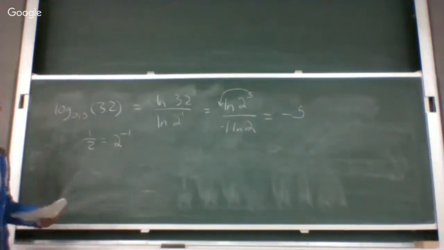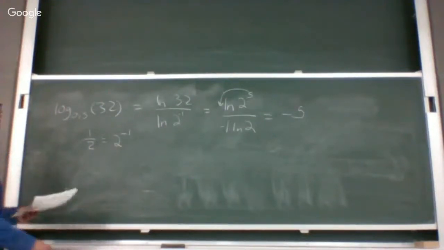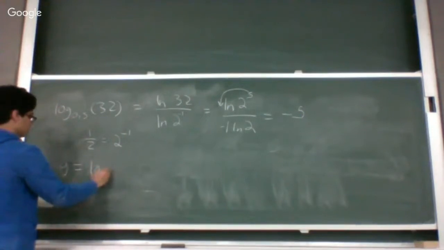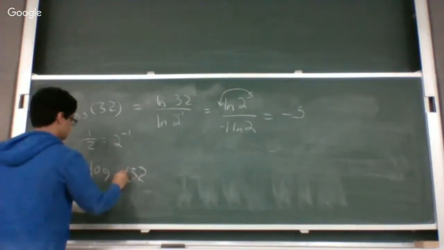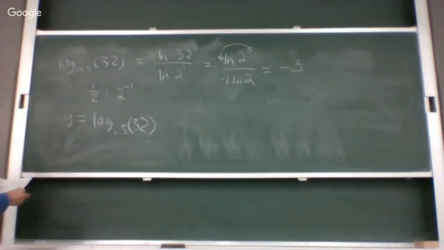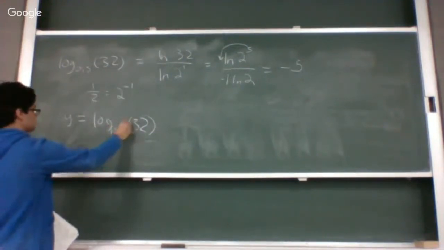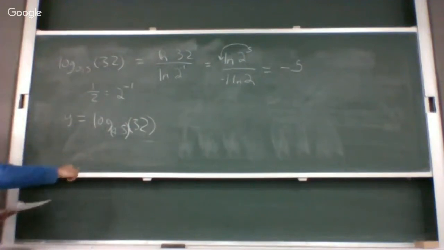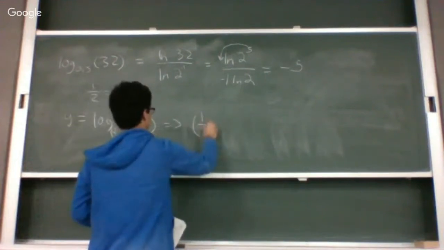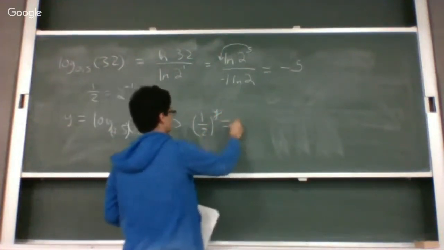Can you guys think of another way to do this? The second way is to set this equal to y. So y is equal to log base 0.5 of 32. Then what you can do is use the definition of what a log is, as I said before. So it would be 1/2 to the y power equal to 32.